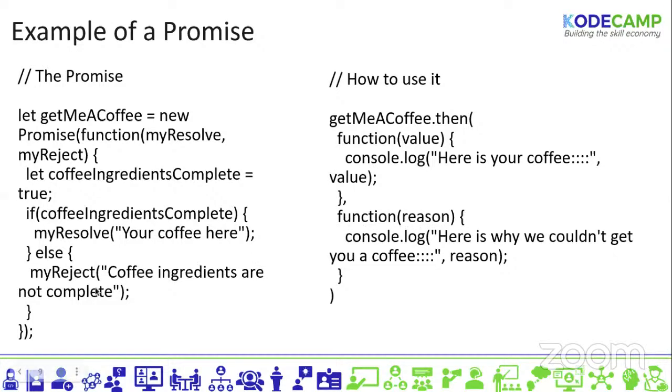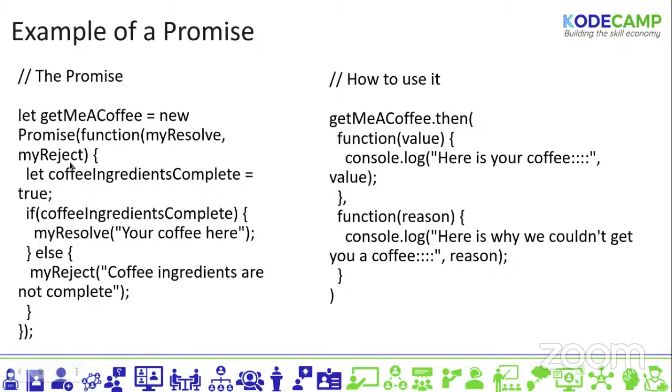So we pass the reason, which is the coffee ingredients reason here, that is why we couldn't get your coffee. Then we show the person the reason being passed here. So pretty simple, right?